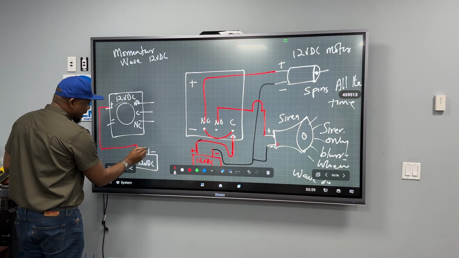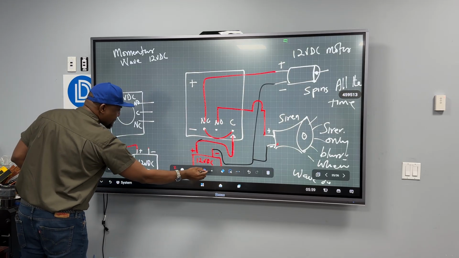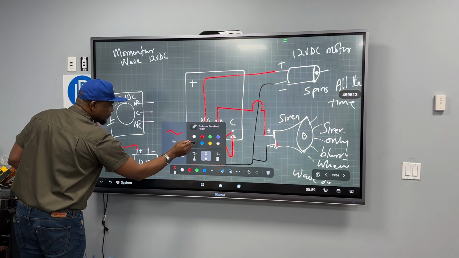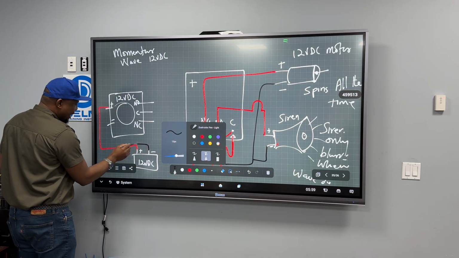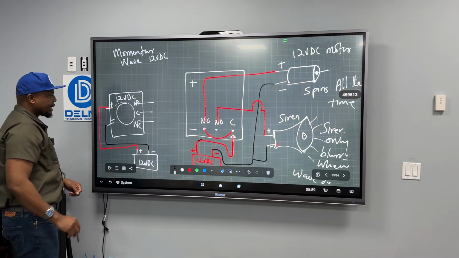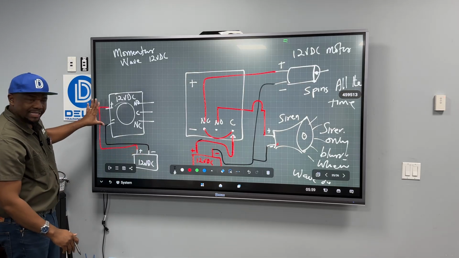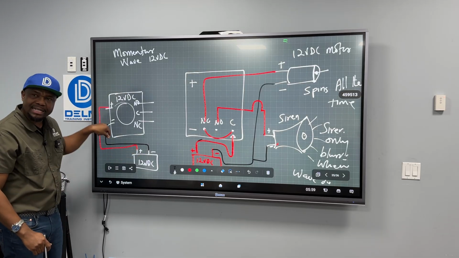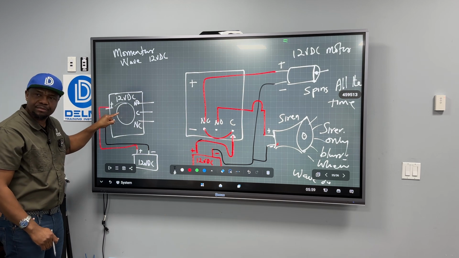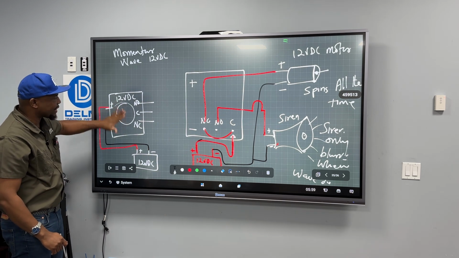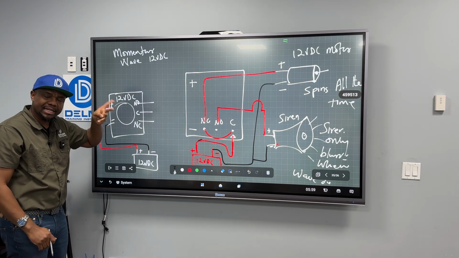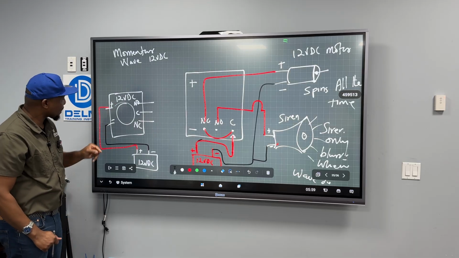And I'm going to grab the negative from here and connect it here. Now, just by connecting this, I have just energized the internal electronics of this. So now when I wave it, you would hear the relay clicking, and I'm going to demonstrate that.